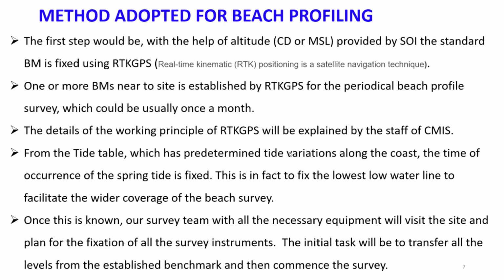Because if you don't do this, then you might land up in error. Once this is known, the survey team with all equipments will visit the site and plan for the fixation of the survey instruments.